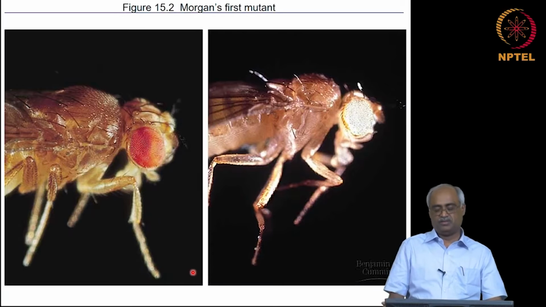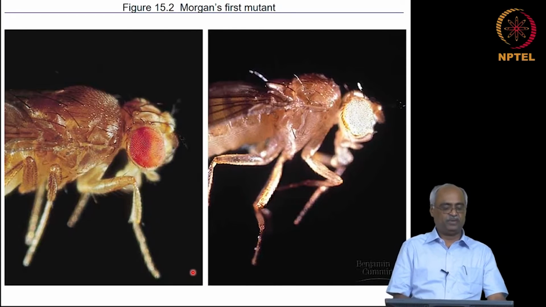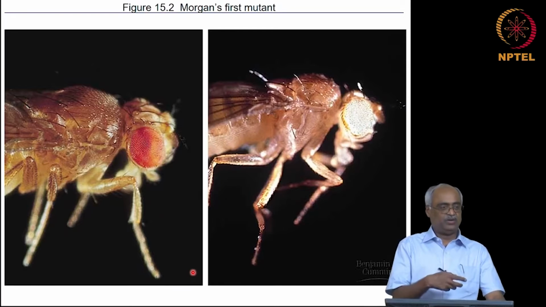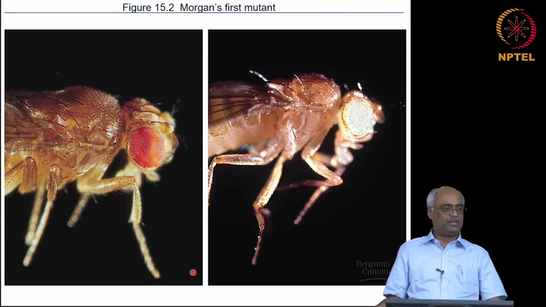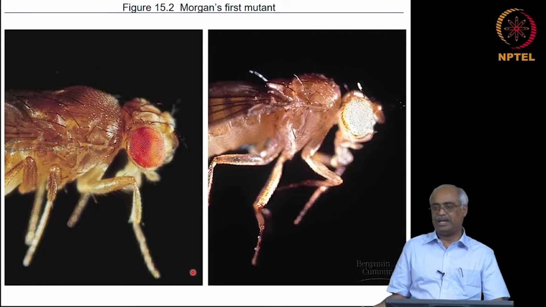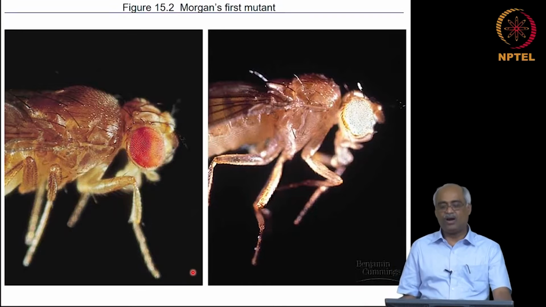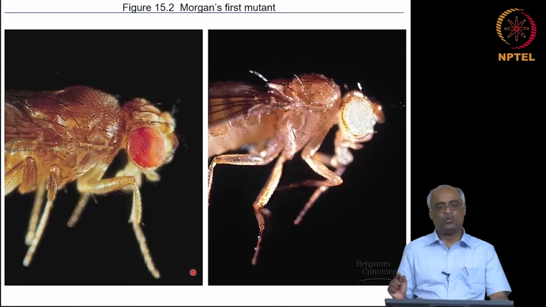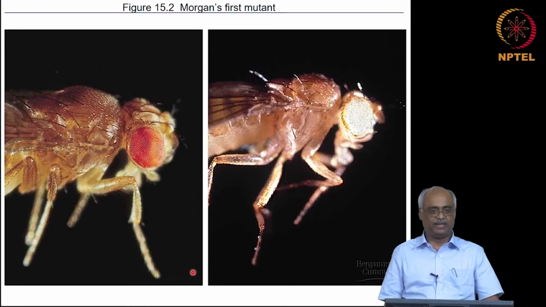Morgan identified, unlike the pea plants where there were a lot of characteristics or phenotypes in which variations were naturally available, in Morgan's experimental model Drosophila there weren't variations, so he didn't find any, and after a lot of search he ended up finding just one male that had white eyes.